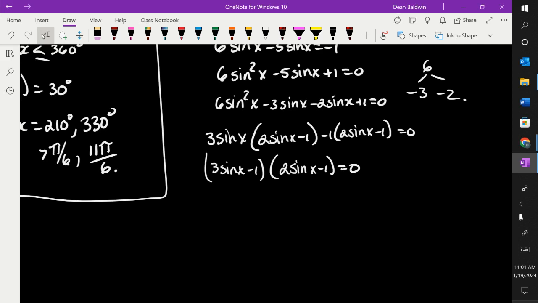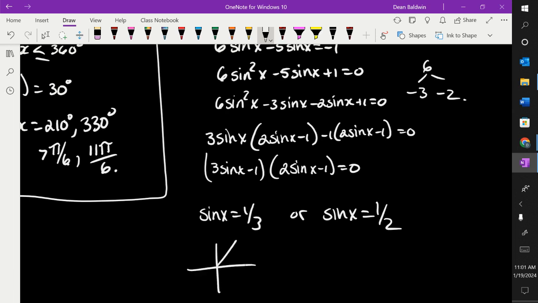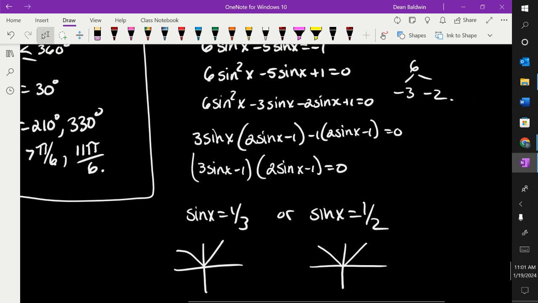So then you just set each bracket equal to 0, and then you solve them. We just did the half. The reference angle is 30.